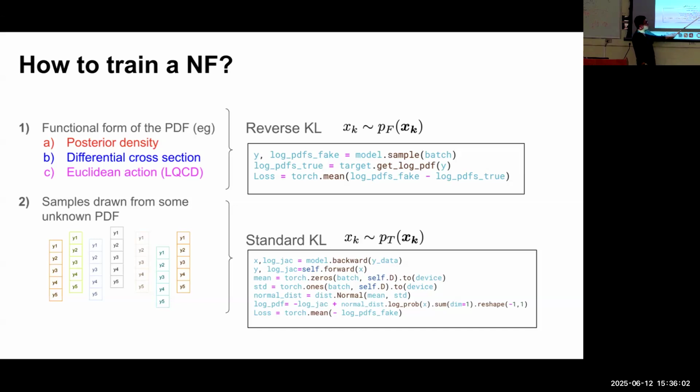And then you have to feed it into the forward to be able to get the corresponding samples and the associated log determinant, and then construct the log probability. And as I said, you only need to minimize the minus of the log probability. So you can see that the loss function is different depending on the two cases.